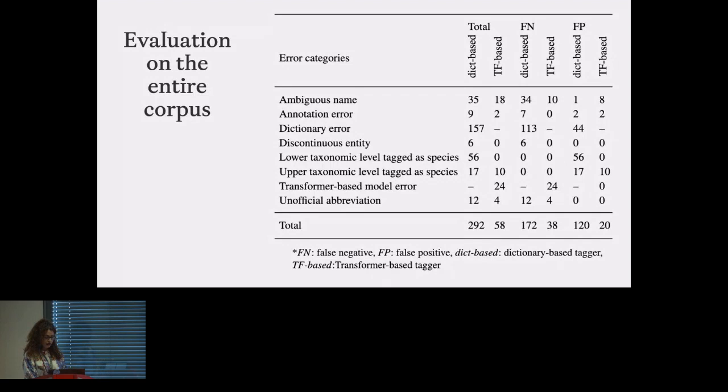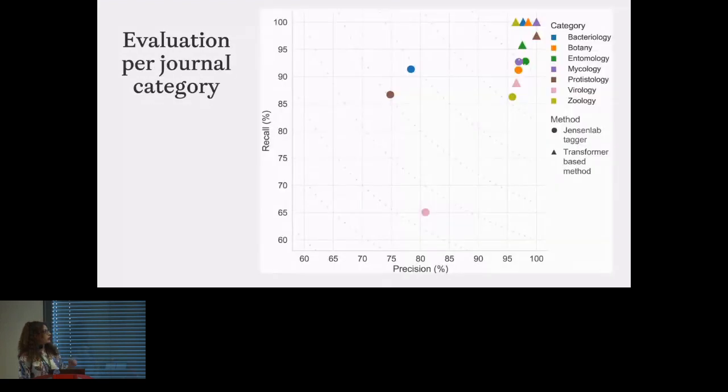And then, since the corpus allows us to do that, we decided to do an evaluation per journal category, like bacteriology and all these categories. And here with the overlapping matching criterion, we can really see that the triangles, the transformer-based method, really go just in the corner. It's crazy how good it can be in this task. And we can really see that it can detect all the entities.